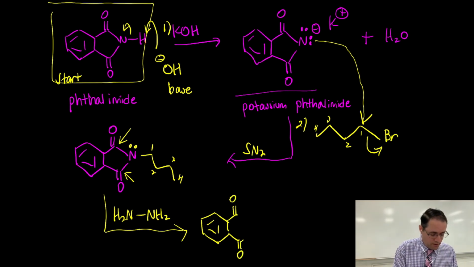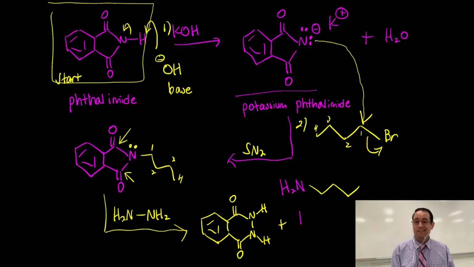And what you generate is a byproduct where your hydrazine, interestingly enough, forms a ring. That's a very stable compound. That's kind of the driving force for this reaction. And you spit off your amine. You form your amine with your butyl group.